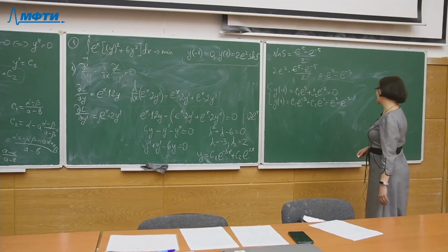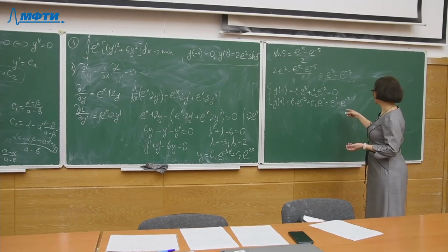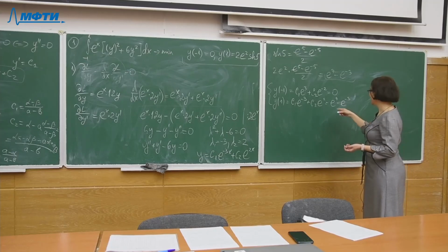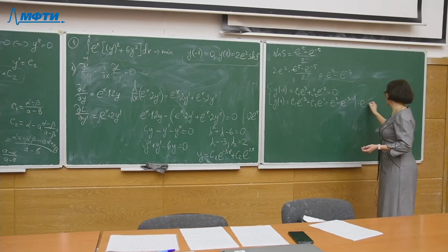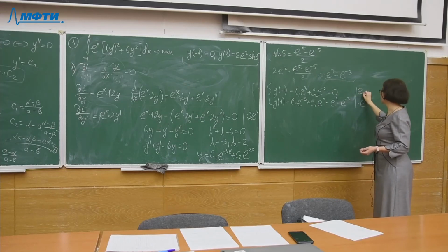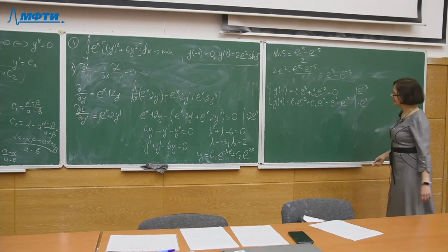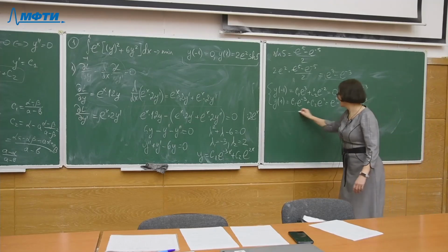Let's multiply the first by e cubed and the second by e to -3, and then add them together.